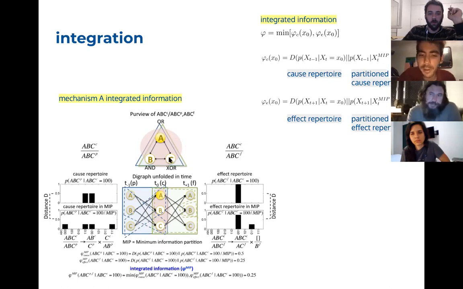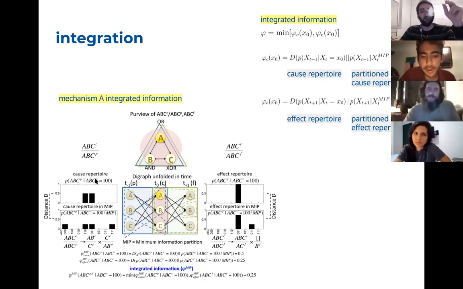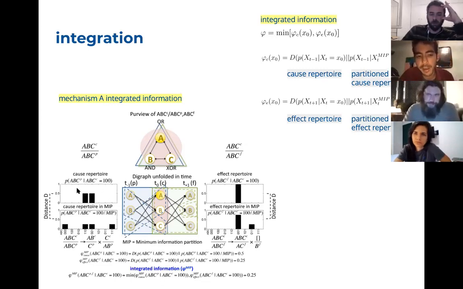If you could recover the cause effect repertoire of the higher order mechanism just by considering the cause effect repertoires of the separate elementary mechanisms, then the higher order mechanism doesn't really exist. We thought it was constraining, but it was actually just its parts doing the work.